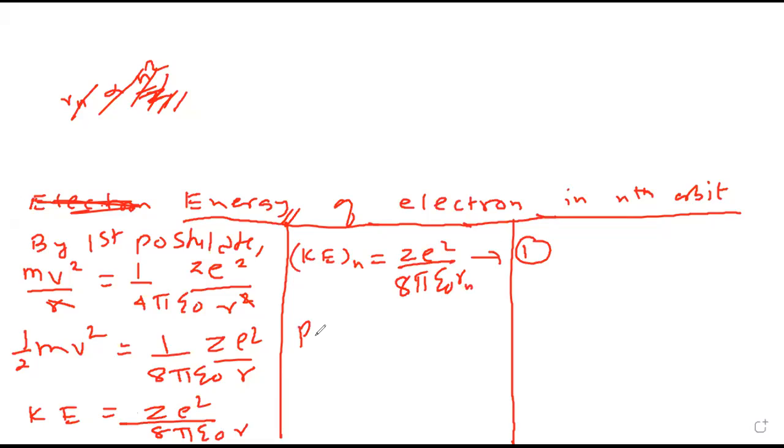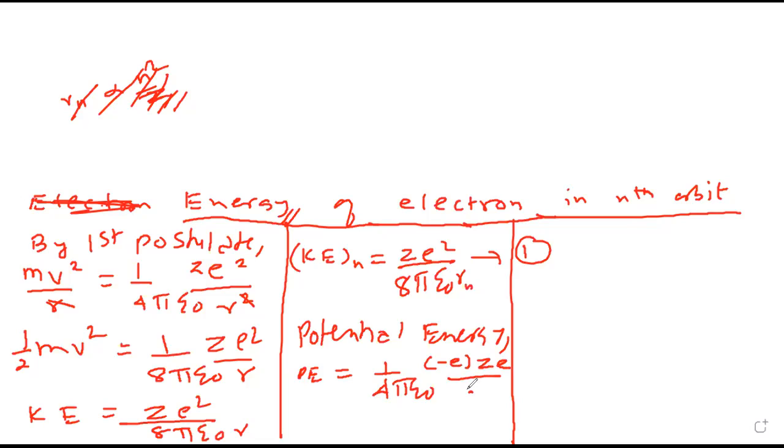Yes, sir. Now potential energy between proton and electron is 1 upon 4 pi epsilon naught, minus e into z e upon distance r.